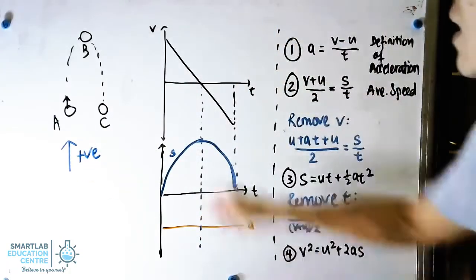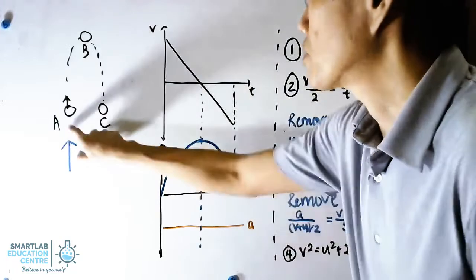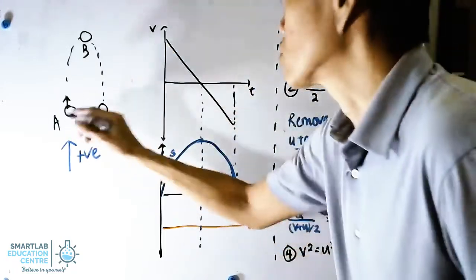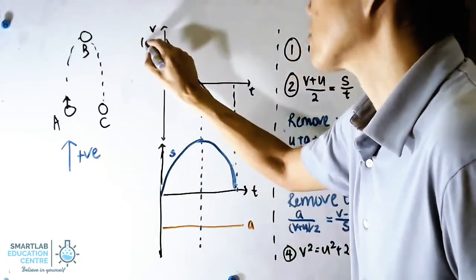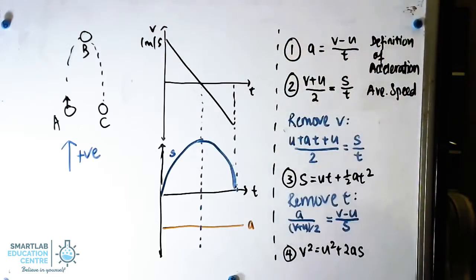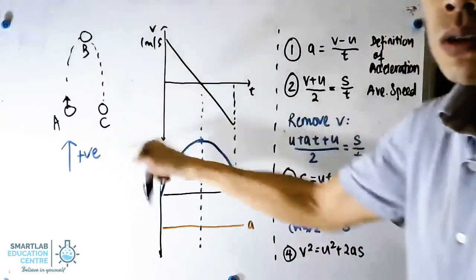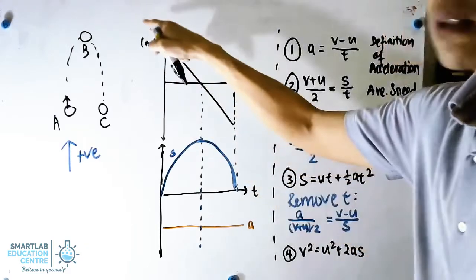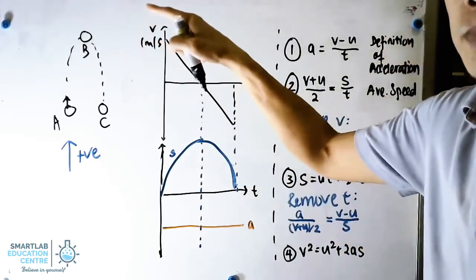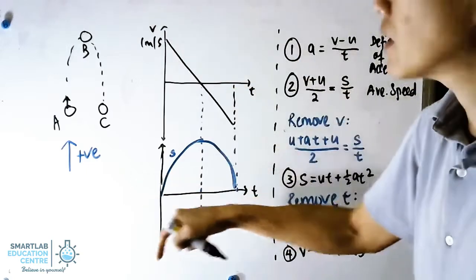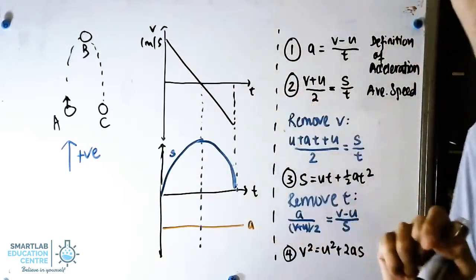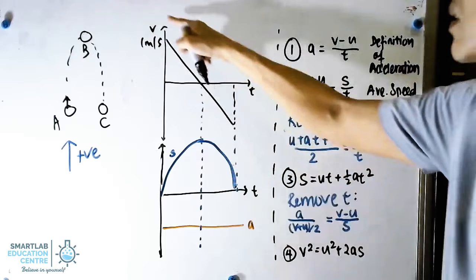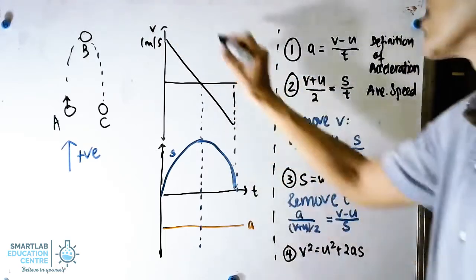So that's the reason why the speed at this point is here, assuming it is 1 meter per second, moving upwards. The ball will be subjected to acceleration due to gravity, which is constant. So in this case, we expect the acceleration to be negative. If you can recall back in your O level, the gradient of a VT graph is the acceleration.